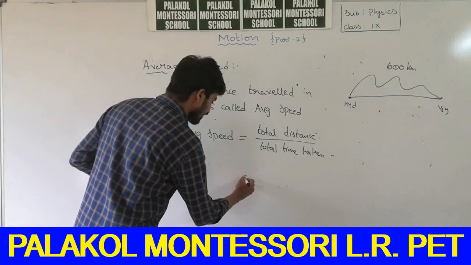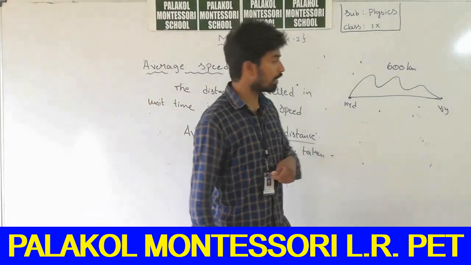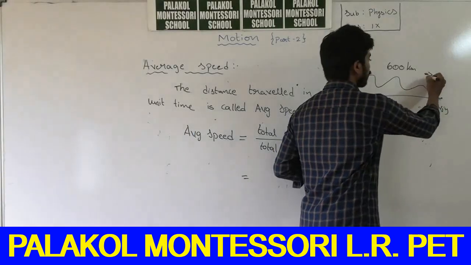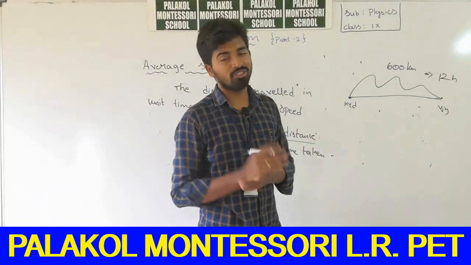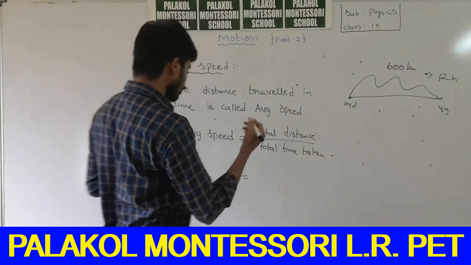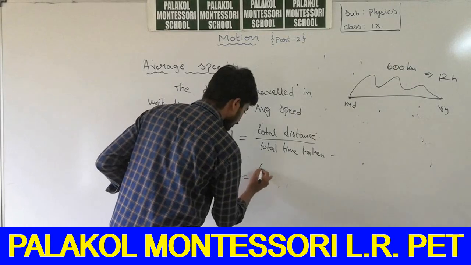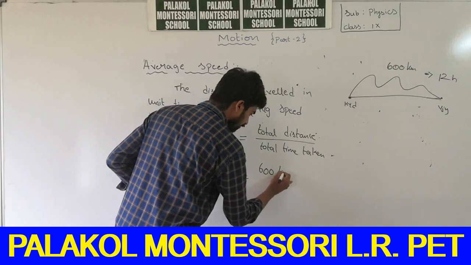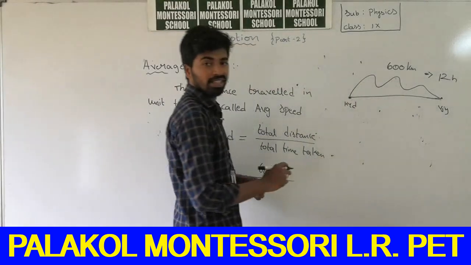So, let us consider to travel from Hyderabad to Vijayawada, you have taken 12 hours of time. To travel 600 kilometers, you have taken 12 hours. What was the total distance you have travelled? 600 kilometers. And what is the time taken to travel that 600 kilometers? 12 hours.